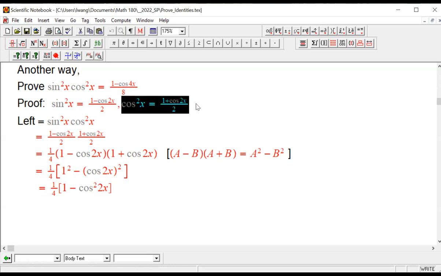I think this formula might give us some insight. This is a cosine square 2x. You can see the relationship is a double angle. So this is x, this is 2x. So if this is 2x, this is going to be 4x. That's how they're related.